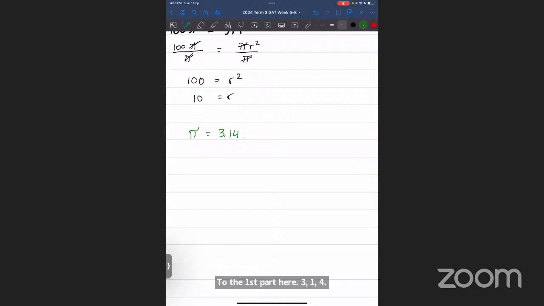3.14. Now, essentially, how do you get pi? What mathematicians found out is that if you take a circle like this, and if you were to take a string, Yarni, are you there?